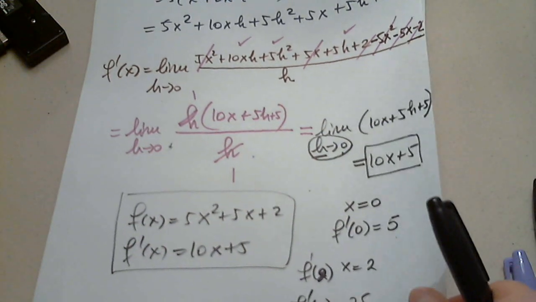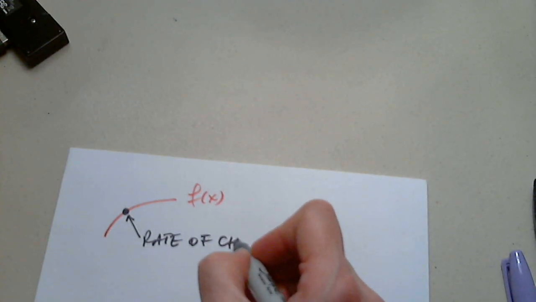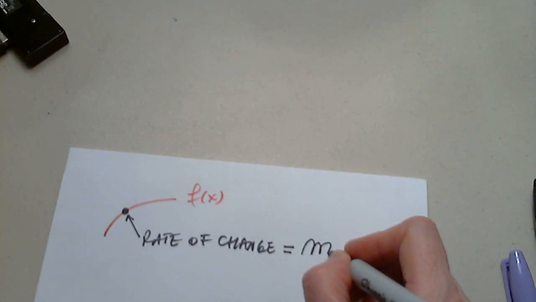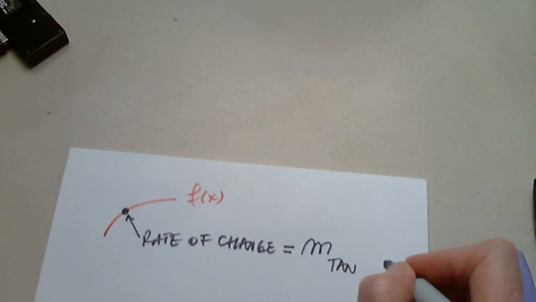Okay, so now one more analogy and then we'll look at another problem. Let's suppose this is f of x, and you're asking me to determine the rate of change of this function here. The rate of change, of course, I mean the instantaneous rate of change, is the same as the slope of the tangent at this point.